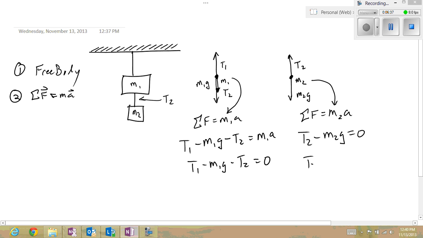Therefore, if I solve, which is step 3, T2 is going to equal M2G.